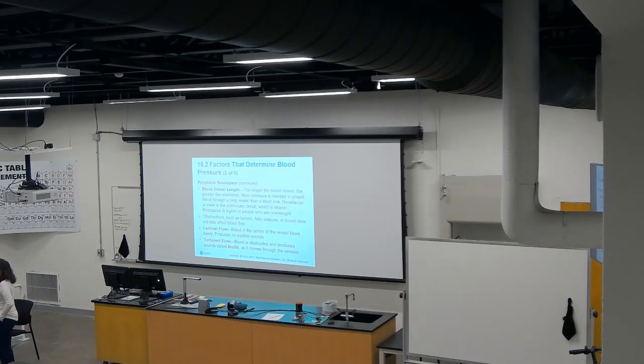Another thing that can happen with blood flow is that you can have what is called a laminar flow, or you can have a turbulent flow. Laminar flow is when your blood cells just go parallel to the walls of the blood vessels.